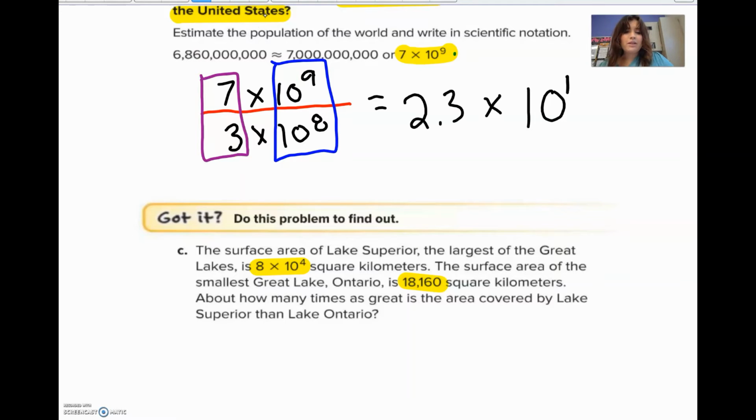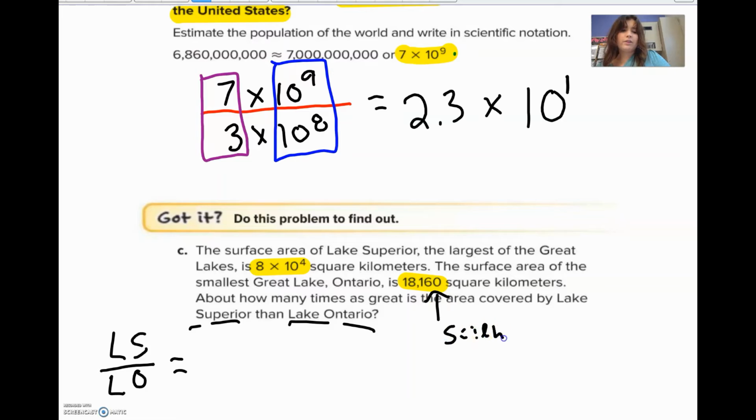About how many times as great is the area covered by Lake Superior than Lake Ontario? So this says Lake Superior to Lake Ontario. So Lake Superior is going to be divided by Lake Ontario. So what you need to do is take 8 times 10 to the fourth and divide it by Lake Ontario's scientific notation.